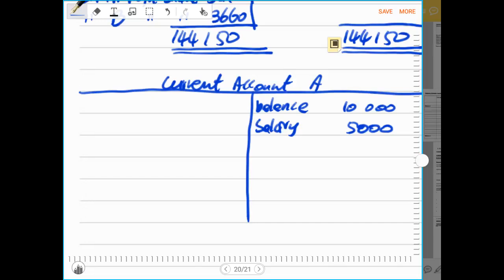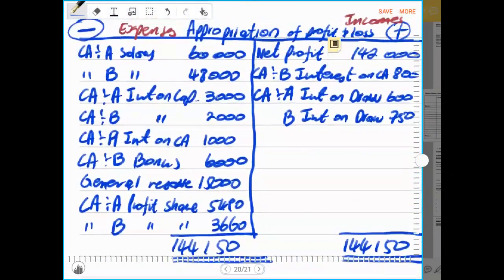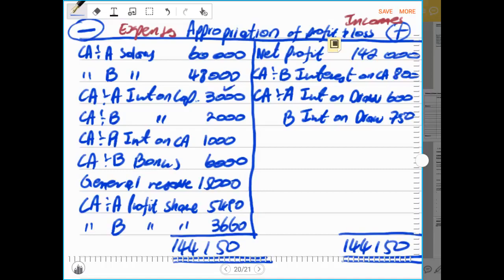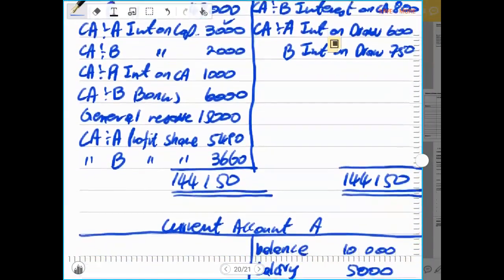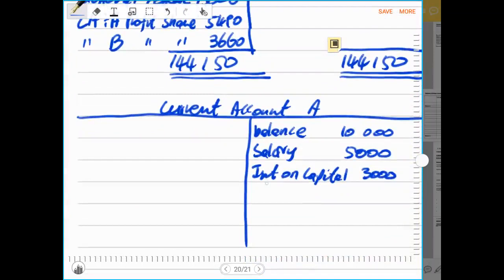Then after we record interest on capital, and the interest on capital is recorded to be 3,000 rands for partner A. There is the interest on capital 3,000, and the interest on current account is 1,000.